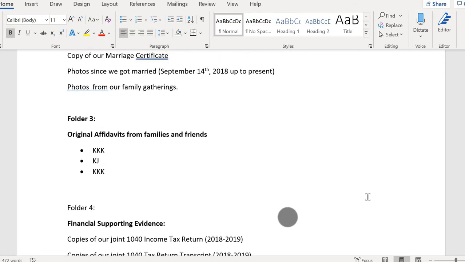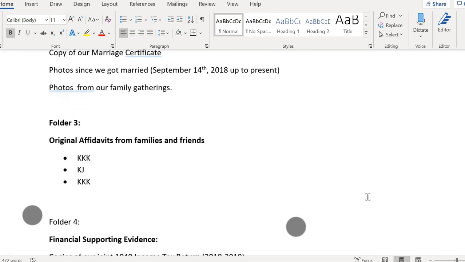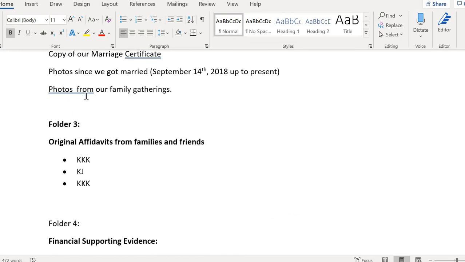And I guess what they wrote in their instructions for the way that you can fill out the form I-751 is that you should include at least 2 affidavits, sworn affidavits from your families or friends.